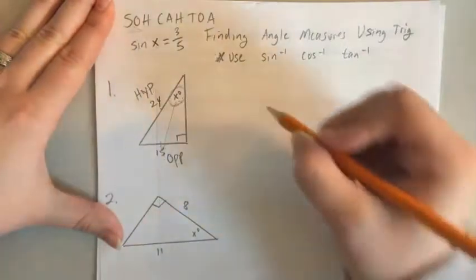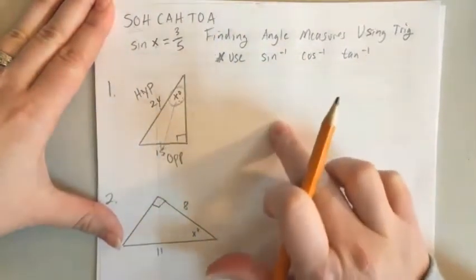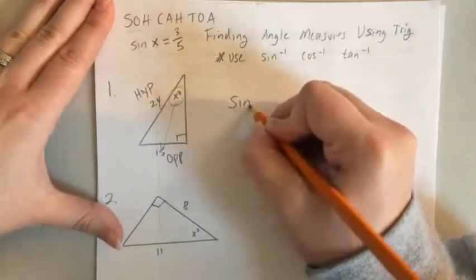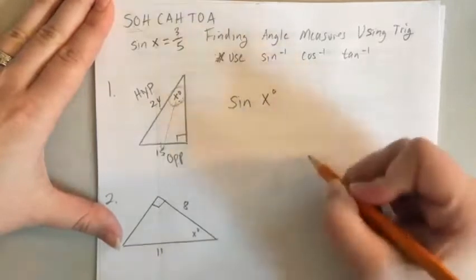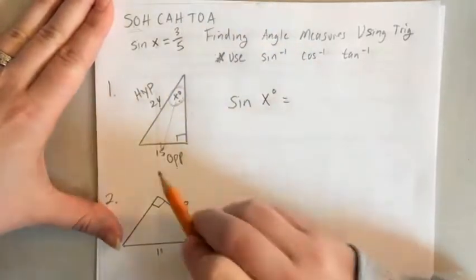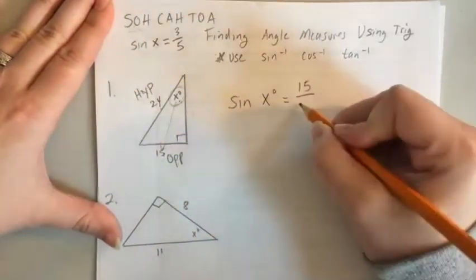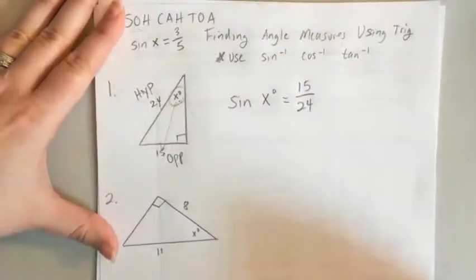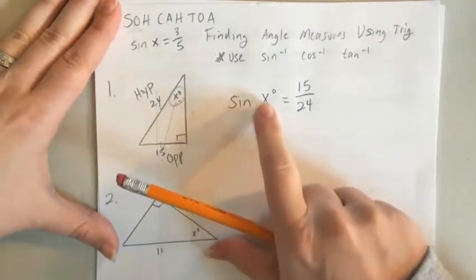So I'm going to set up my equation. Remember, it's always sine of an angle equals opposite over hypotenuse. Well, in this case, I don't know the angle. So I'm going to say sine of x equals opposite, 15, over hypotenuse, 24. All right, this is what we were talking about that we were going to end up at. I've got the variable here with sine.